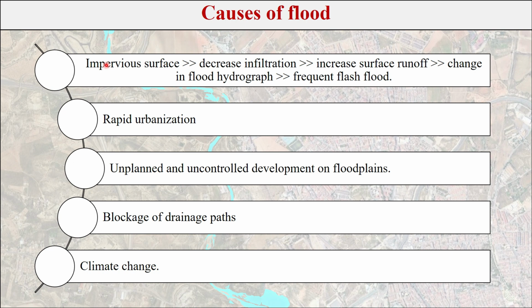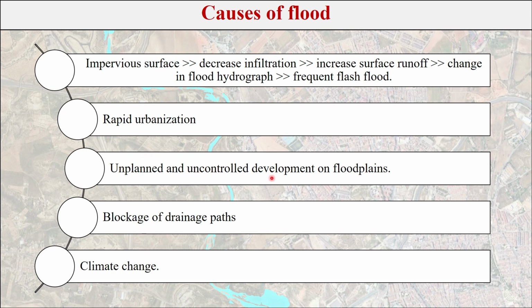So most of the area is covered by these impervious materials. Due to this, infiltration decreases, and as a result surface runoff increases and the hydrograph will be changed. As a result, flash floods will be frequent. This is the major cause of the flood.